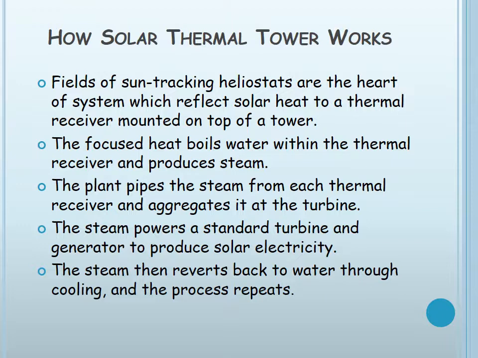Due to the steam, the turbine rotates, then the generator starts to work. As the generator starts, it produces electricity. So this is the working of the solar thermal tower.